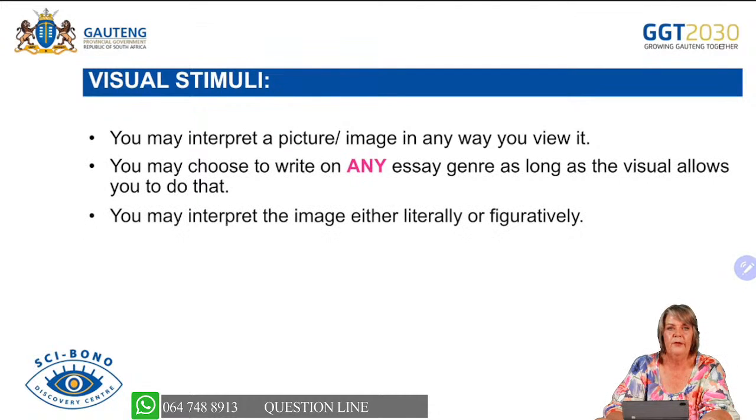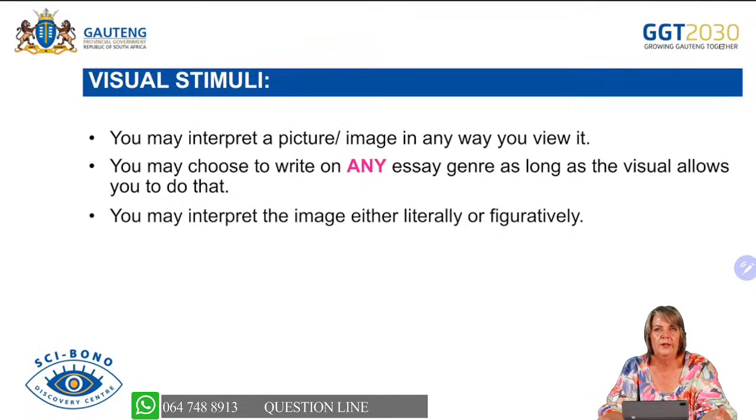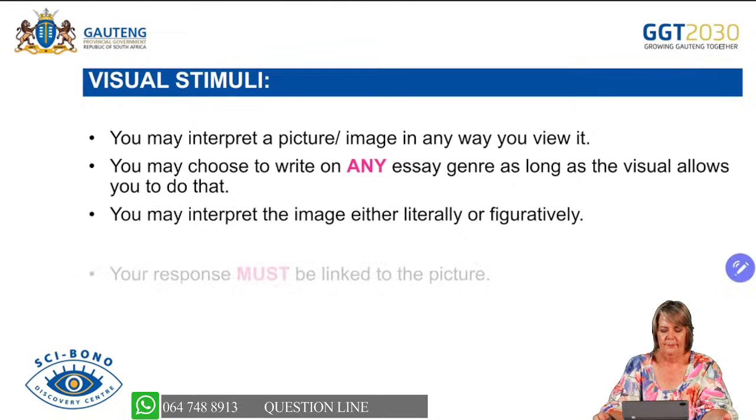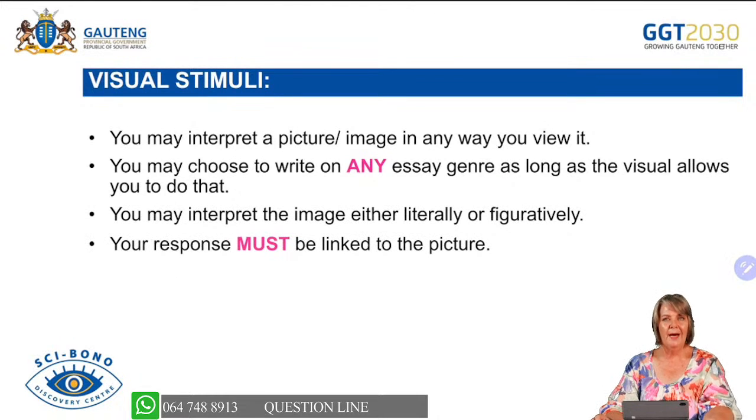You may interpret the image either literally or figuratively. Literally, what you see is what you get. Or figuratively, it represents something else. Your response must be linked to the picture, though.